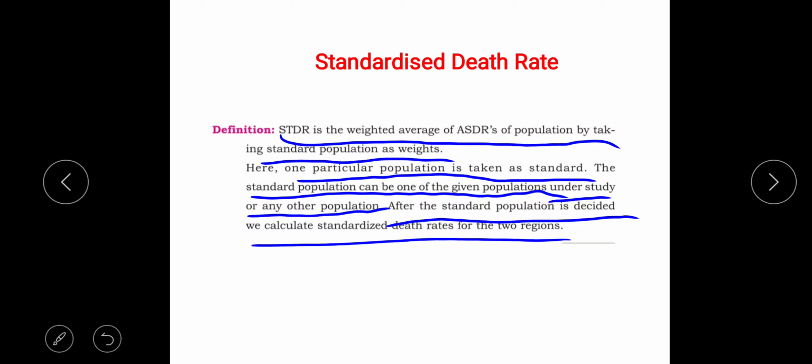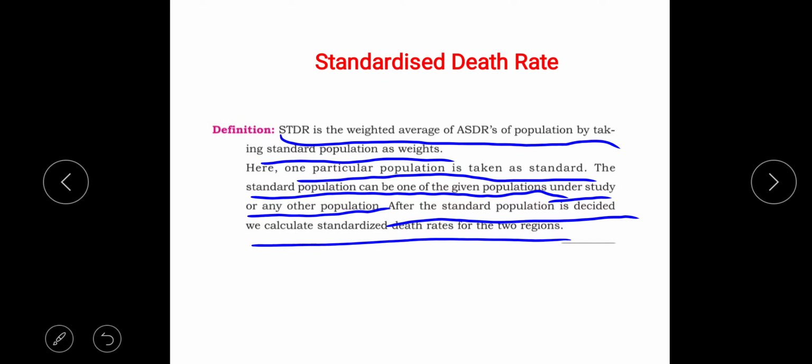Indian population and Chinese population, we are comparing both. Then we use STDR, and we can use either the Indian population as the standard population or China's population, any one among the given populations, or we can refer to any third country's population as the standard, maybe American or Russian, or any other country.